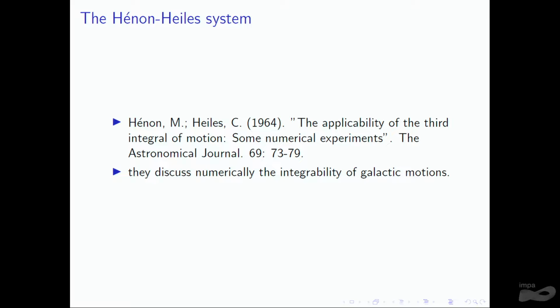It was a system with 2 degrees of freedom, which describes the dynamics of a star inside a galaxy. And they did some numerical experiments to prove, or at least to have some evidence, that that system had no other integrals of motion.